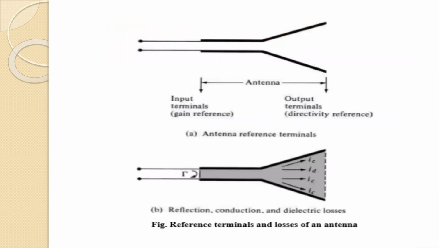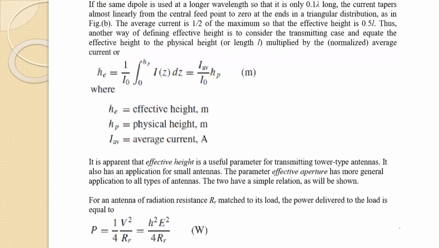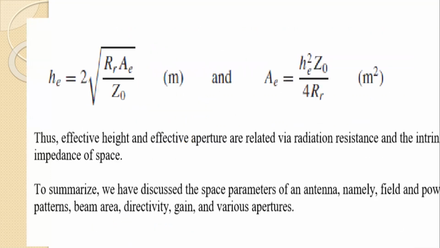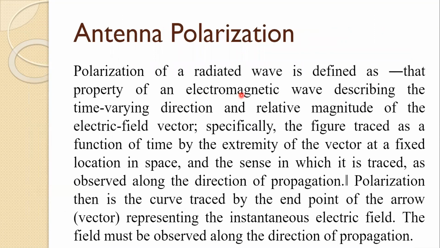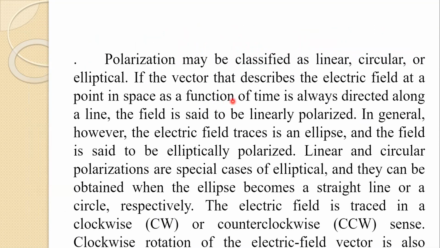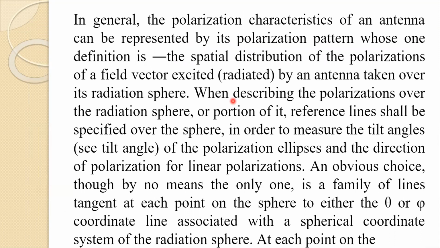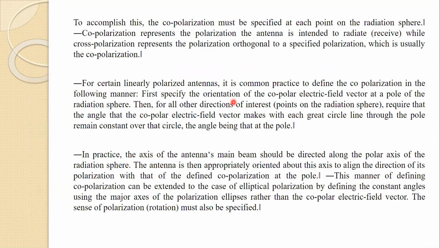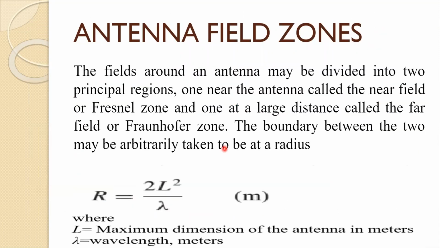To calculate half power beam width, equate the function to 0.707. From this one, you are able to calculate as in the previous one.